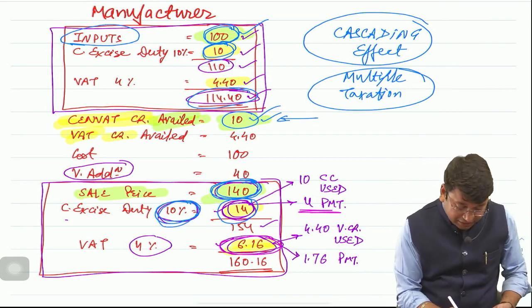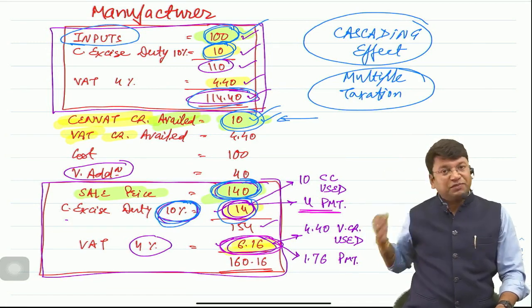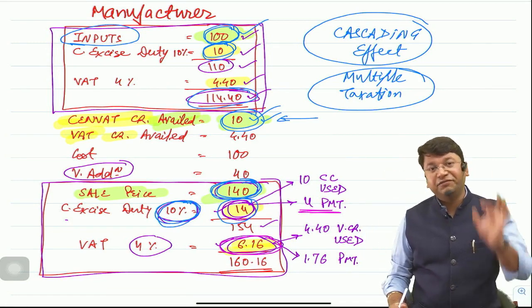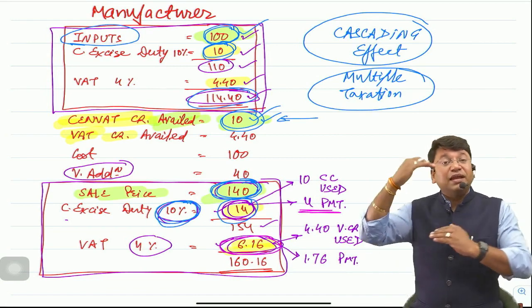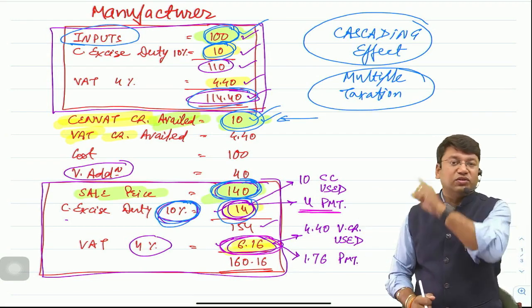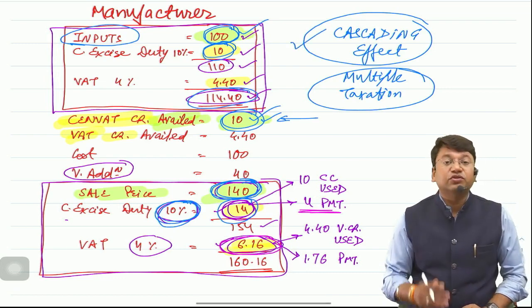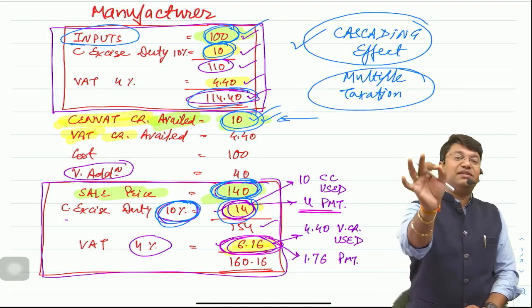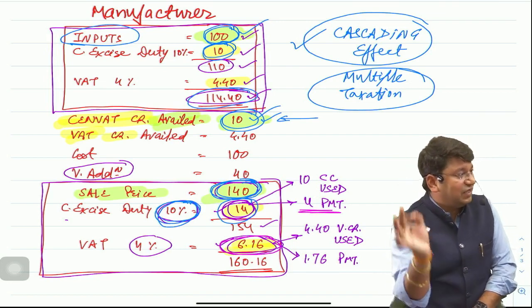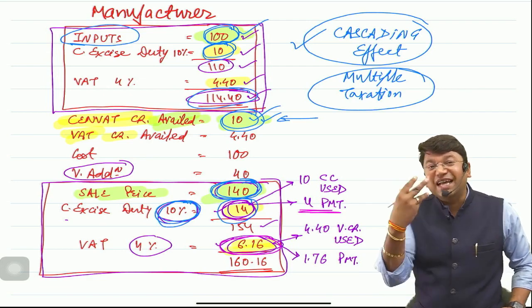So this 10% would have been charged on this 10 also, because ultimately this will form part of cost price. If credit was not allowed, same tax on same tax would have been charged. So this would lead to cascading effect. Same tax on same tax is called cascading effect.